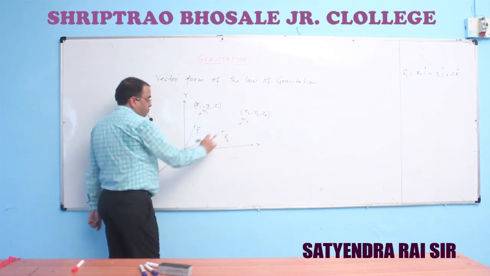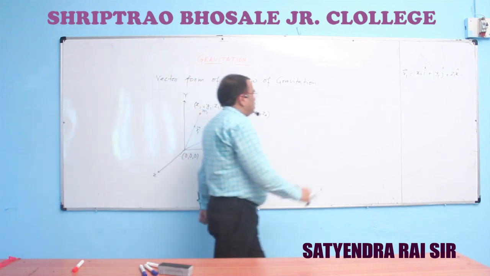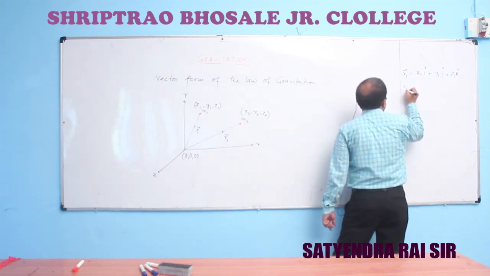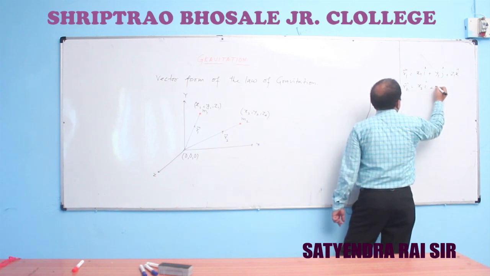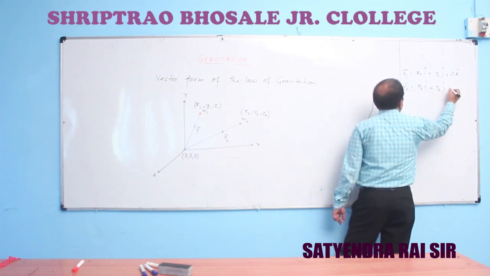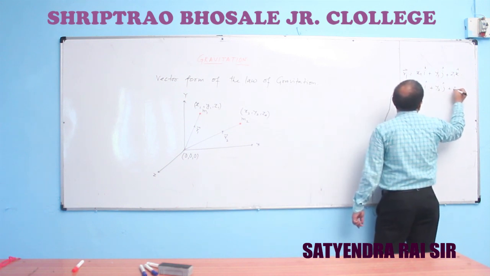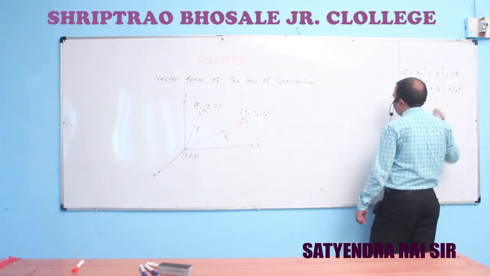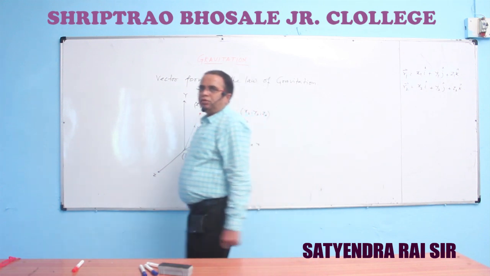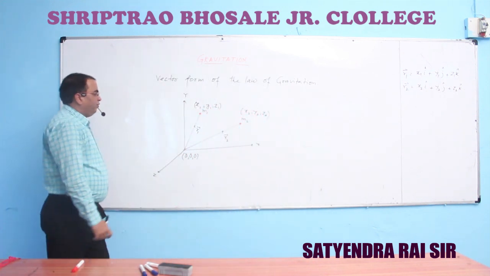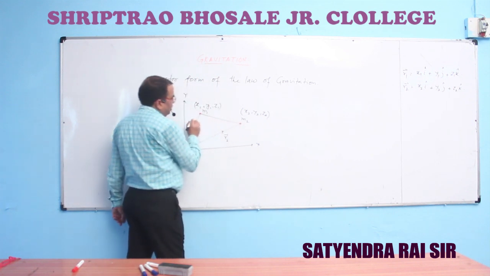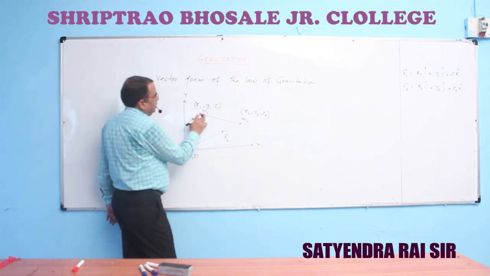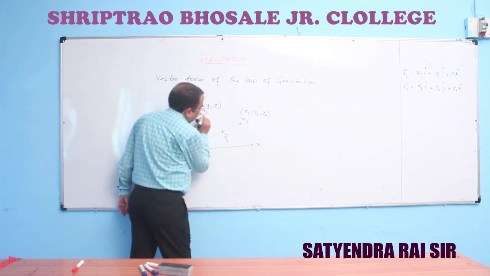Check the direction. This is R2, and the expression for R2 is x2 i cap plus y2 j cap plus z2 k cap.